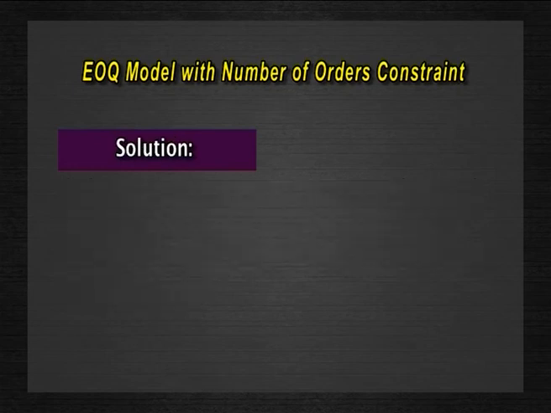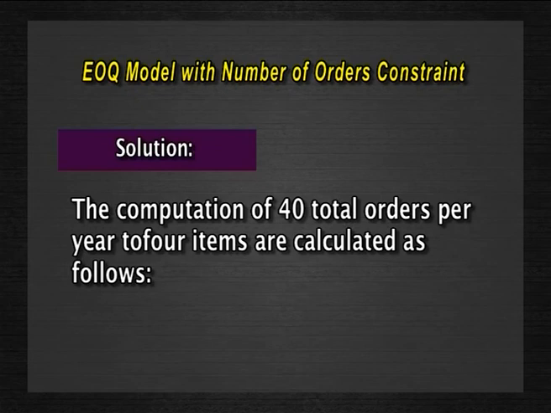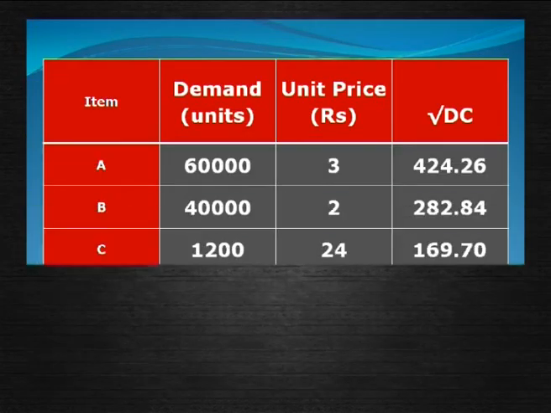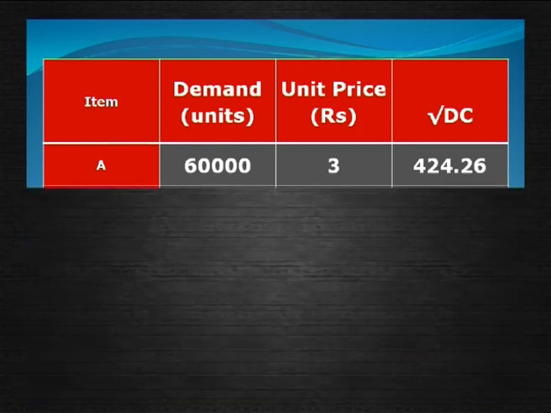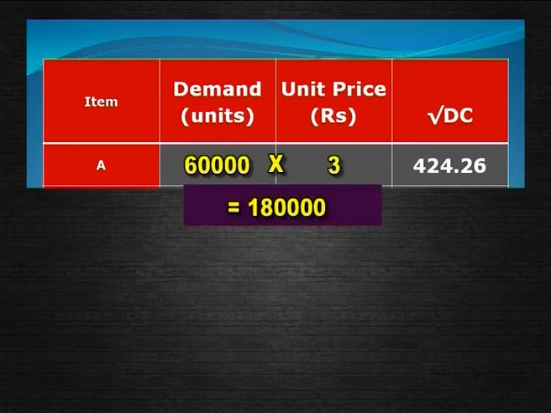Coming to the solution. The computation of 40 total orders per year for 4 items is calculated as follows. First, let us calculate the square roots of the demand and the consumption for each item. For item A, it will be 60,000 into 3 is equal to 1,80,000, whose square root is equal to 424.26.